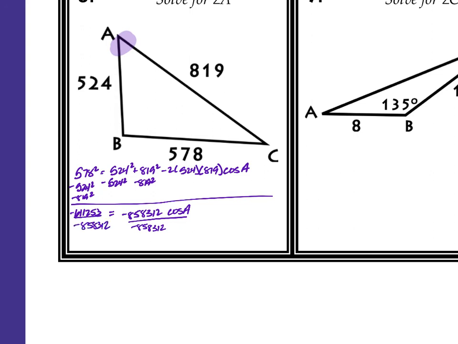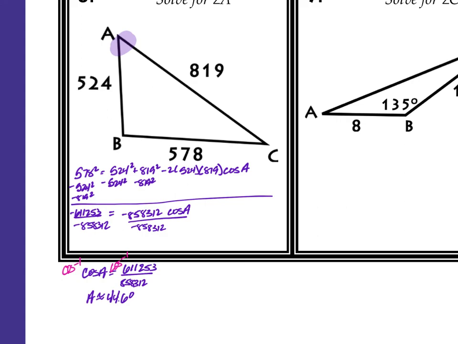So cosine of A is going to equal 611,253 divided by 858,312. And remember, I don't want cosine of A, I want A. So how do I undo cosine? Cosine inverse to one side, I have to do it to the other side. So A is approximately going to be equal to 44.6 degrees.